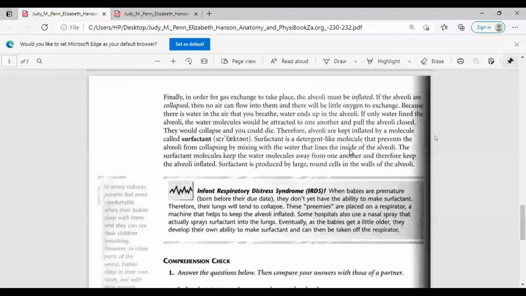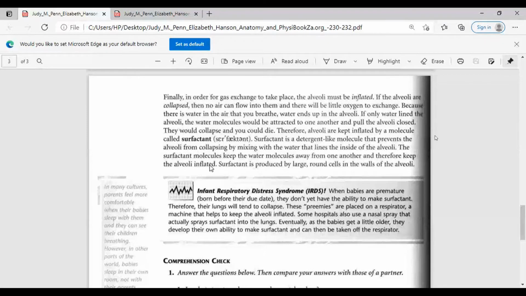Okay, thank you. You can mute yourself now. Surfactant, here is the keyword. Surfactant is a detergent-like molecule, right, that prevents the alveoli from collapsing by mixing with the water that lies inside of the alveoli, right?